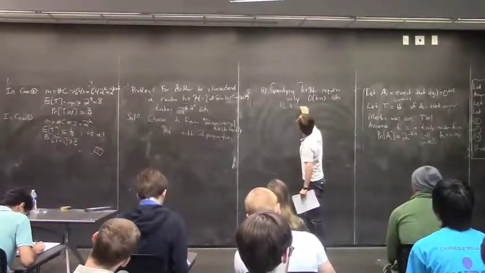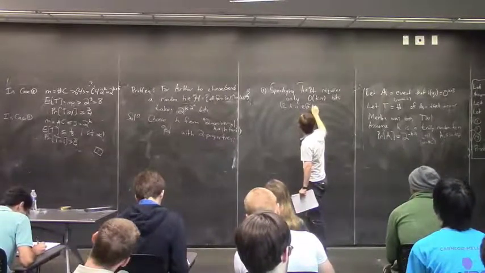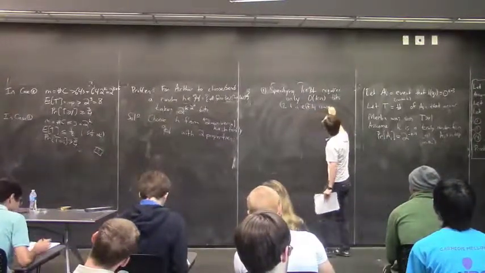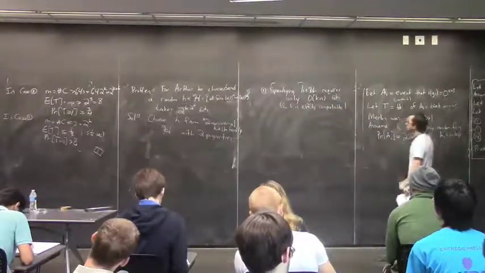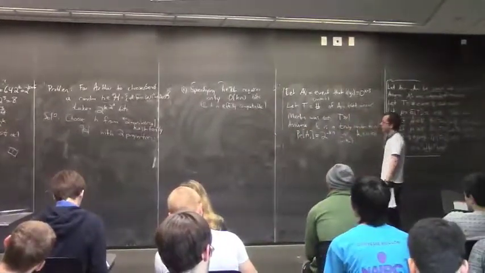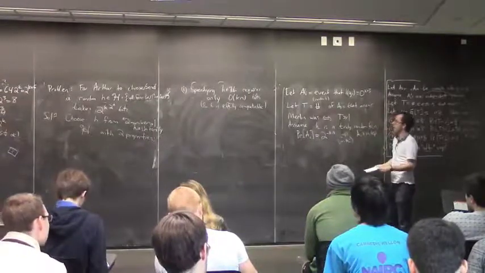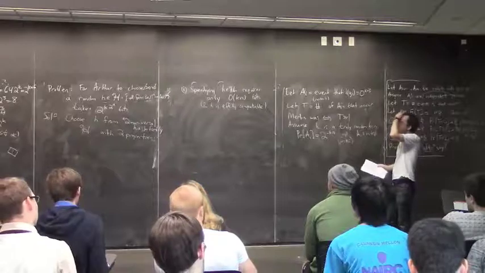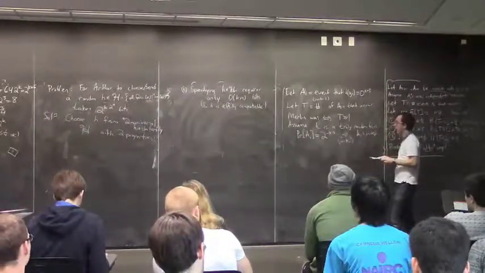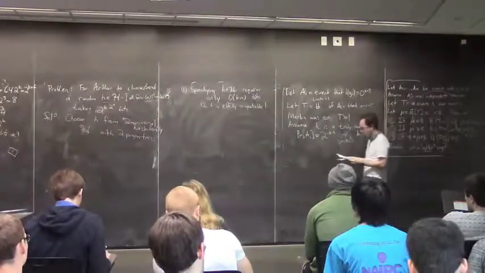And h is sufficiently computable in polynomial time. Okay, so I'll show you a way to specify such hash functions that require only k times n bits. It's at most quadratic, that's fine. And they're easy to compute.